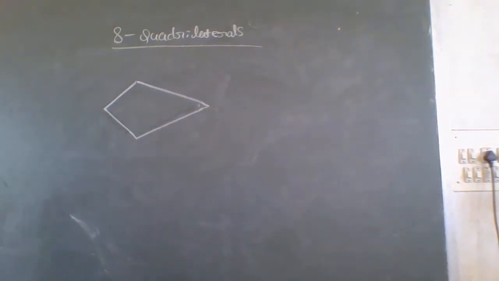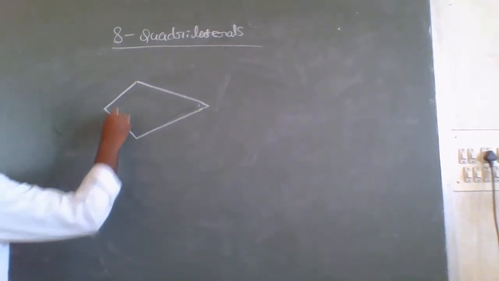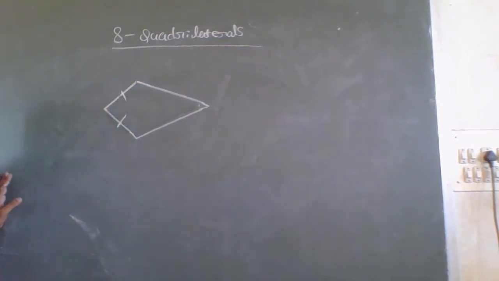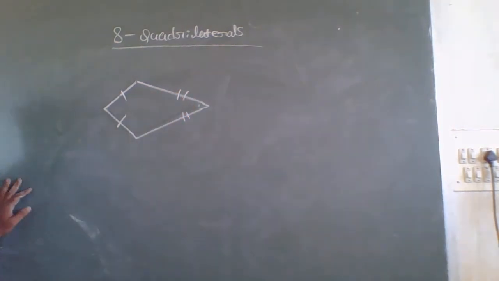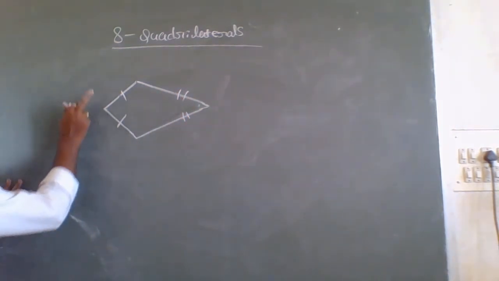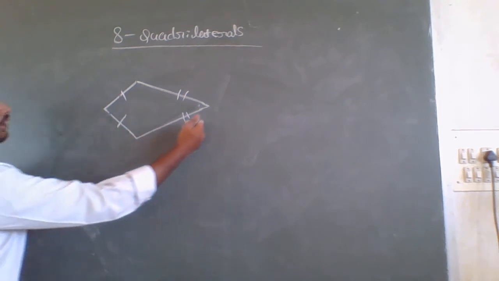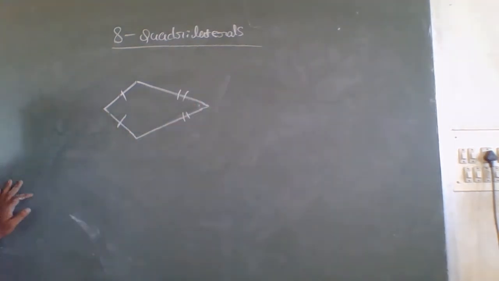So in a kite, a quadrilateral has exactly two pairs of equal consecutive sides, because here these two sides are equal and these two sides are equal, and these two sides are consecutive, and here these two sides are consecutive.